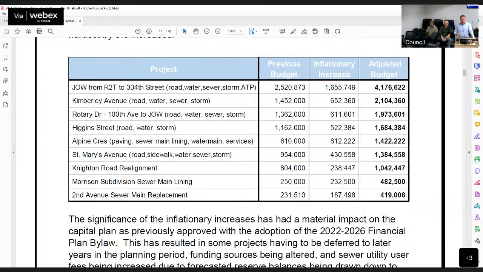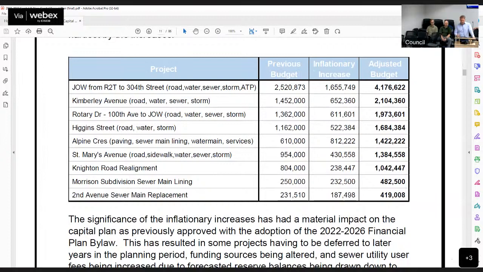So we adopt a 5-year financial plan every year. Council approves the projects in that plan for 5 years, but every year the operations department reviews the costs in comparison to the current unit pricing for years 2 through 5 of that plan.